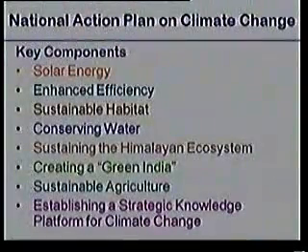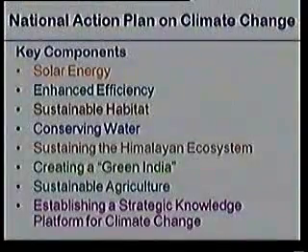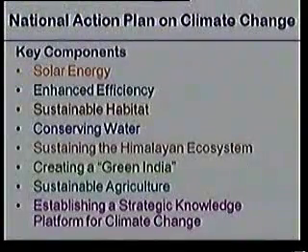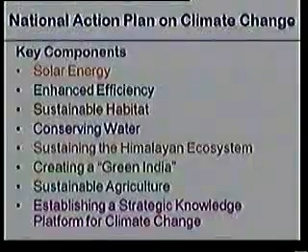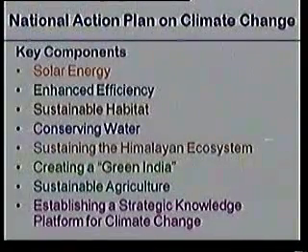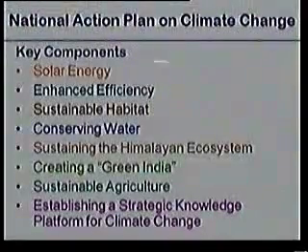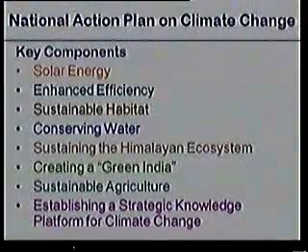They have been listed here: solar energy mission, enhanced efficiency, sustainable habitat, conserving water, and sustaining the Himalayan ecosystem, because the Himalayan ecosystem is the one from where all the major rivers arise, and they feed a lot of the states down below, and we need to conserve them.